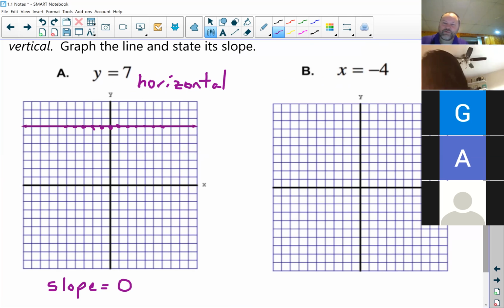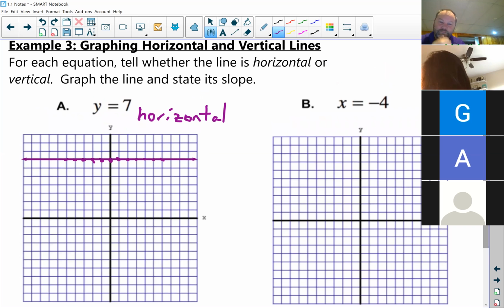All right, letter B, horizontal or vertical? Vertical.